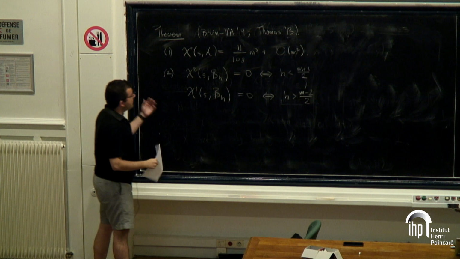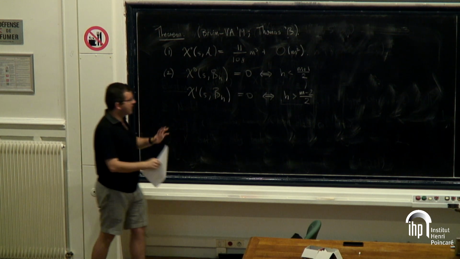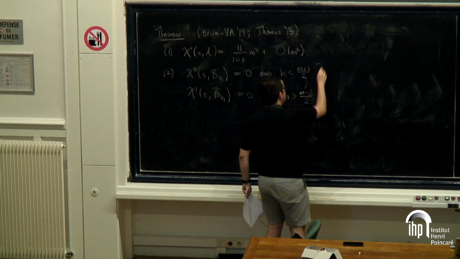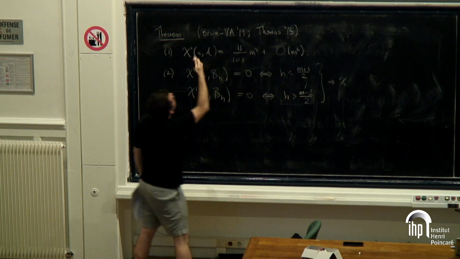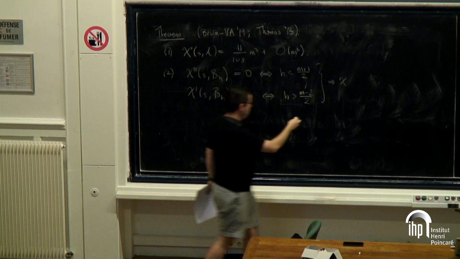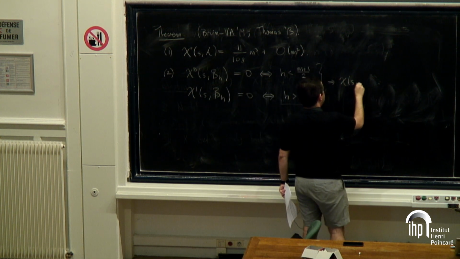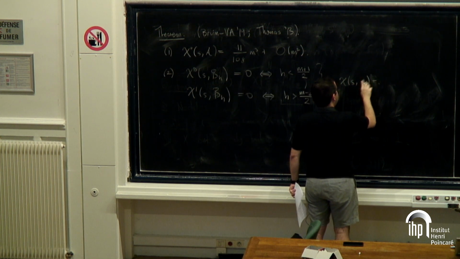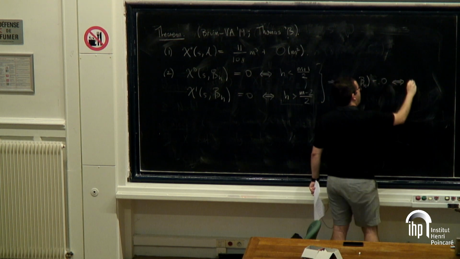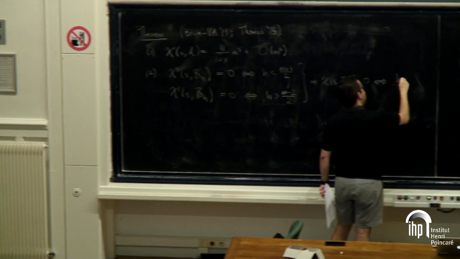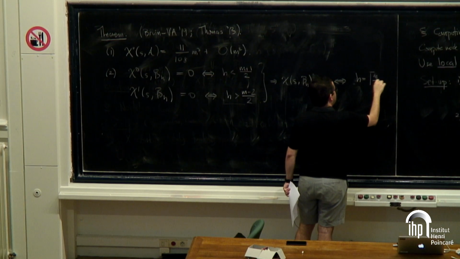So these individual pieces vanish in different ranges. When you put these two things together, seeing as chi is a sum of chi0 and chi1, which are non-negative integers, this chi of BH ends up being 0 if and only if h is the ceiling of m over 2.